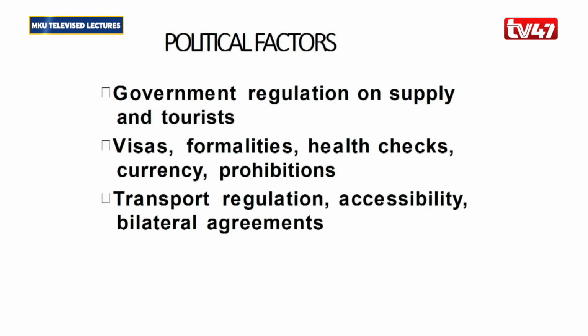So all the regulations for the government: government regulations on supply and tourists, government requirements on visa, formalities, health checks, government rules on currency, any prohibition for the government, others like transport regulations, accessibility, and even bilateral agreements between the host country where you are coming from and also where you want to go to the destination. So in that case then, the transport regulations and bilateral agreements will come into play there.